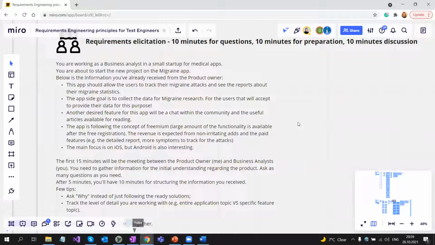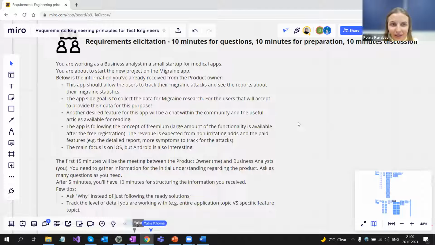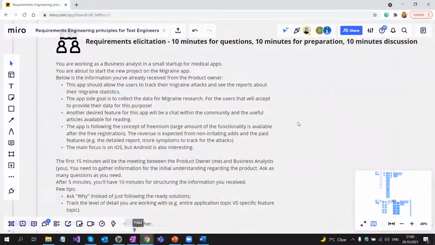Yes, something like this. So the users who track their migraines. Okay. If it's about users who track their migraines, then they would be able to see the statistics of only their own migraine attacks and how often they occurred. But there should also be a function for researchers to check statistics of all people.